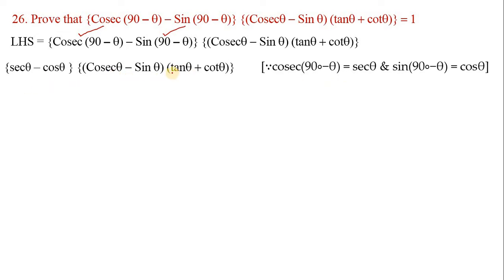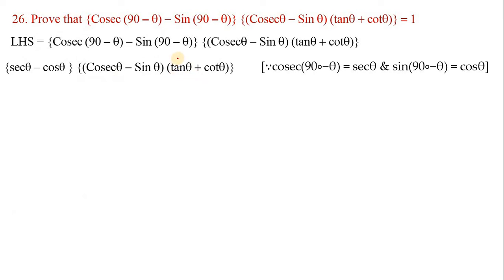And next, see, this is sin, tan, here also cos, and this cot, all are in basic trigonometric ratio form. But this sec, we can convert it into cos, and this cosec, we can convert it into sin, because sec is the reciprocal of cos, and cosec is the reciprocal of sin.